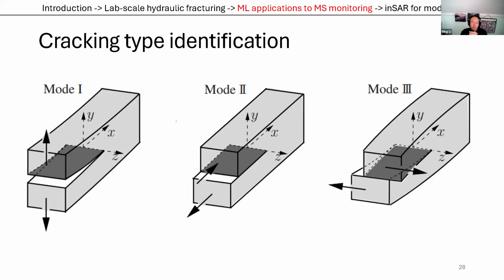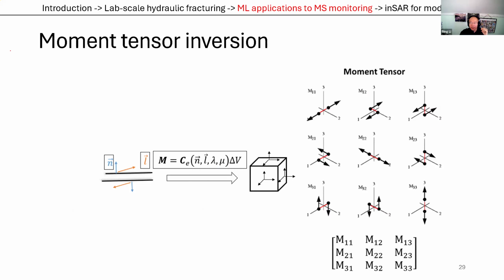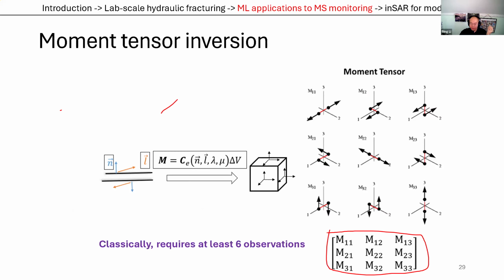The second application of machine learning we've been exploring is, I've been alluding throughout this talk to this idea of tensile and shear cracks. And similarly, in the acoustic emissions, we can separate out shear from tensile dominated events. In seismology, this is reflected as the moment tensor, which is analogous to the stress tensor. There are 6 independent components.